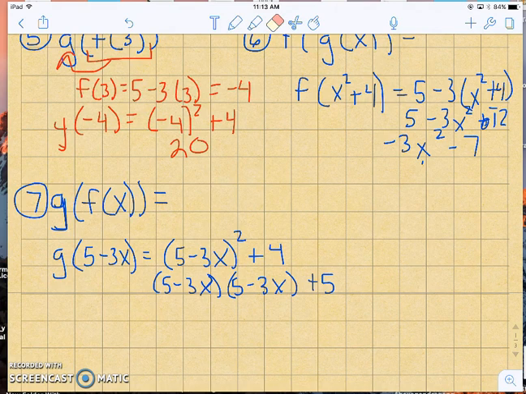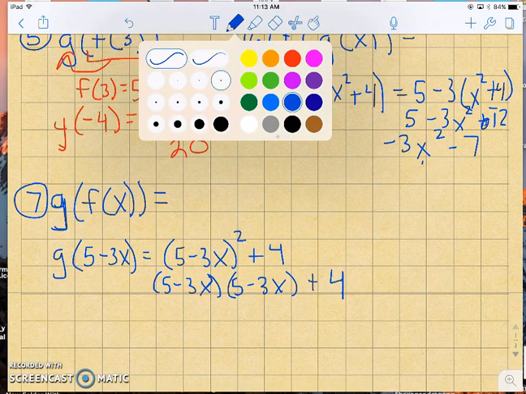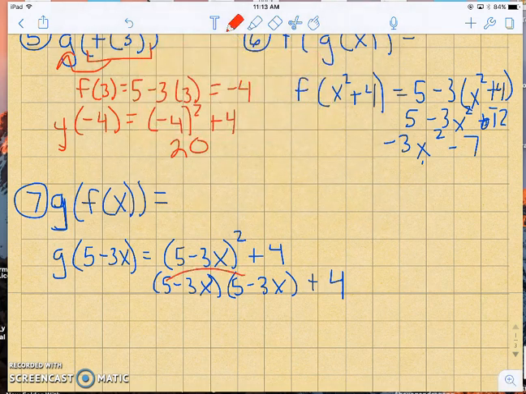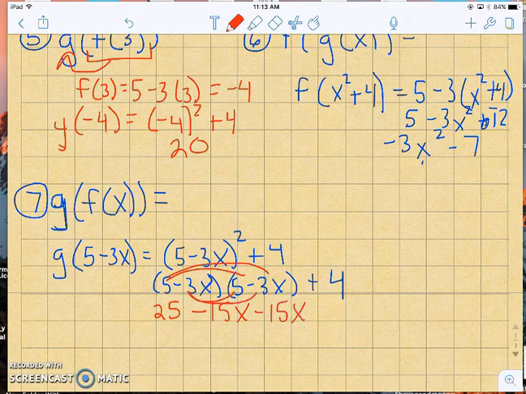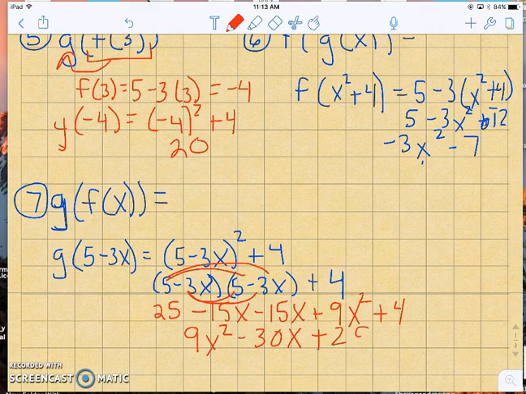Now we can distribute. So 5 times 5 is 25. 5 times negative 3x, negative 15x. Negative 3 times 5, negative 15x. Negative 3 times negative 3, so we have 9x squared plus 4. Combine like terms, we end up with 9x squared minus 30x plus 29.